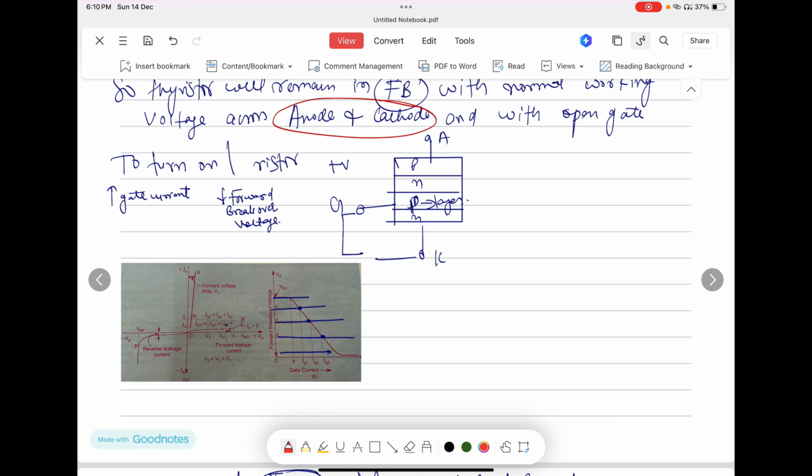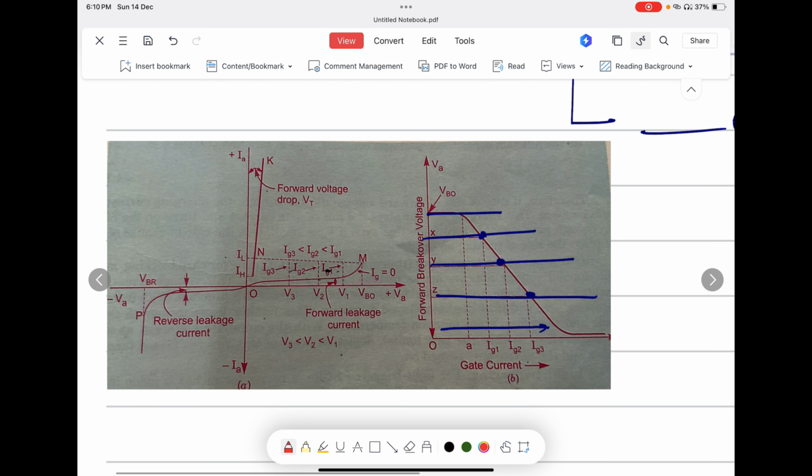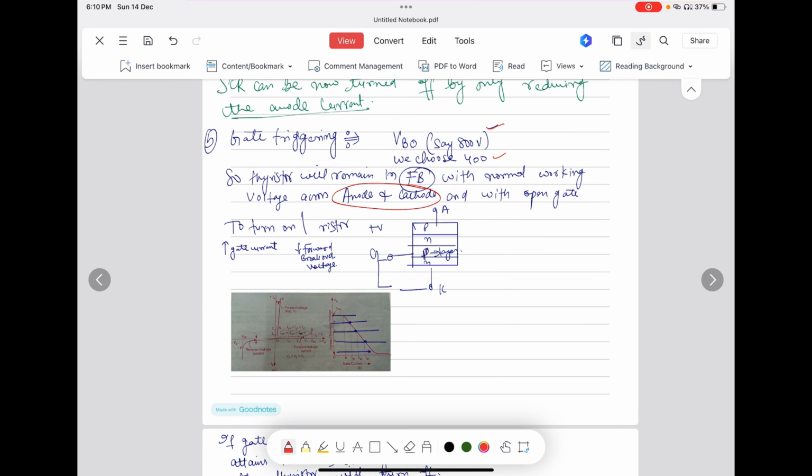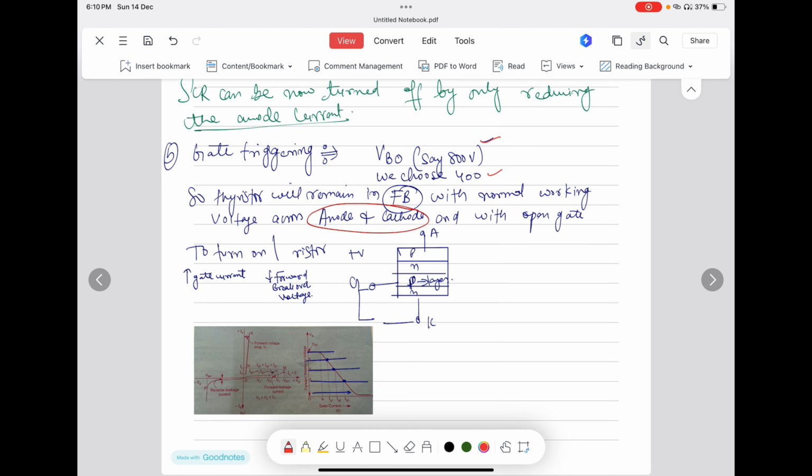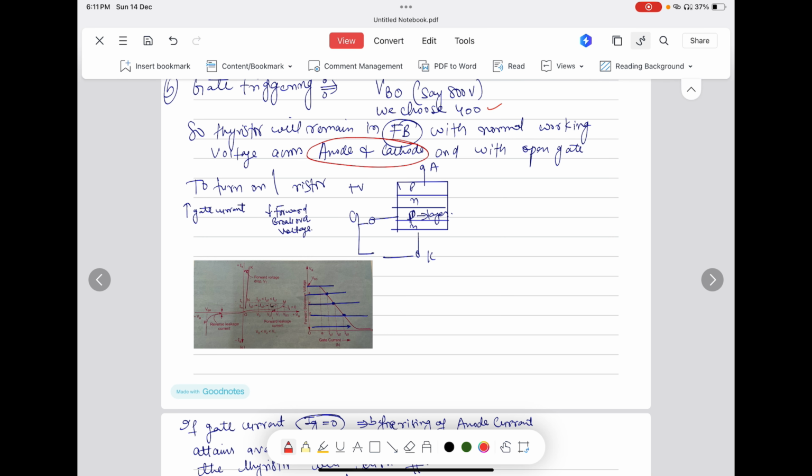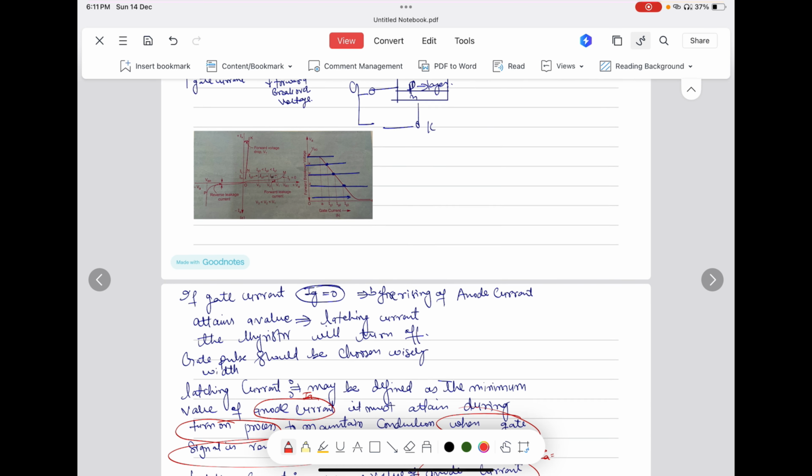As you can see in the diagram, as the gate current increases, Ig1 to Ig2 to Ig3, the voltage also reduces. That means by giving a higher gate pulse, we can reduce the forward breakover voltage and we can easily turn on the SCR at a very low voltage.